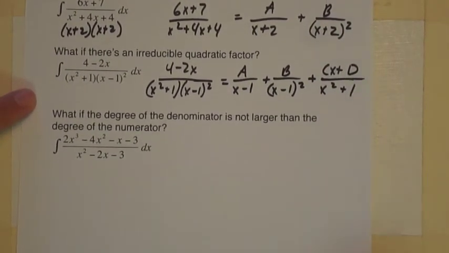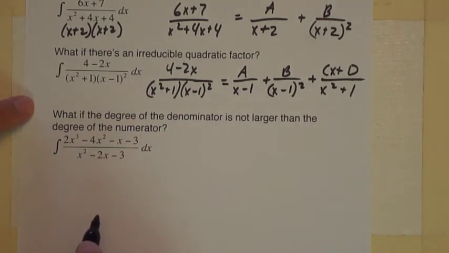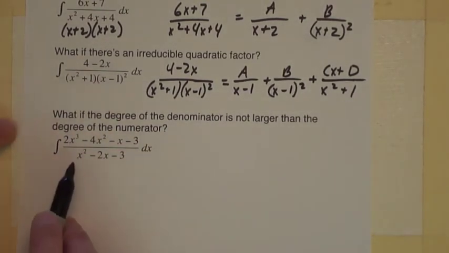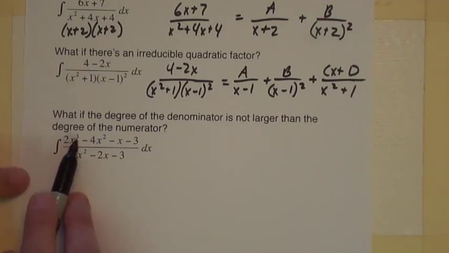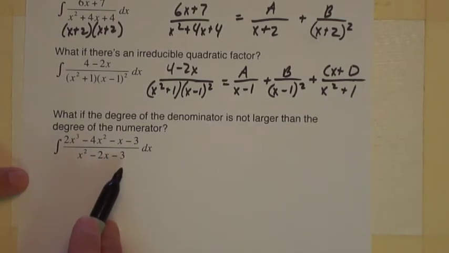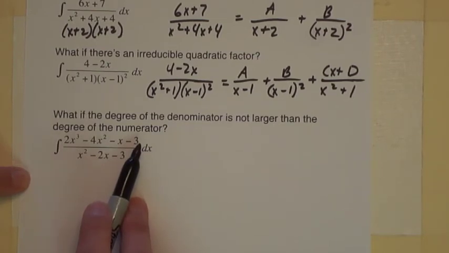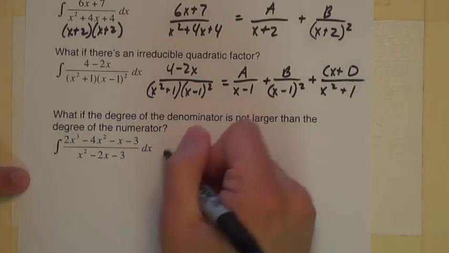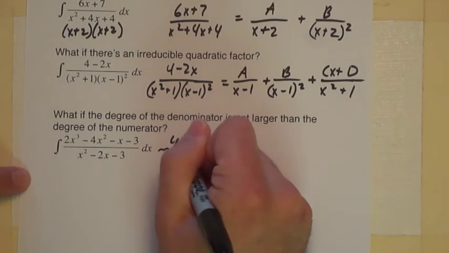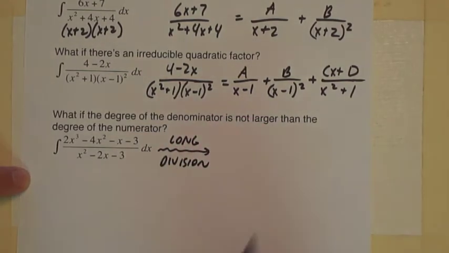The other thing that can happen is, what if the degree of the denominator is not larger than the degree of the numerator? So here you have an x cubed in the numerator, but only an x squared in the denominator. All these techniques only work if the degree of the numerator is less. So what you first have to do is everyone's favorite, long division of polynomials.